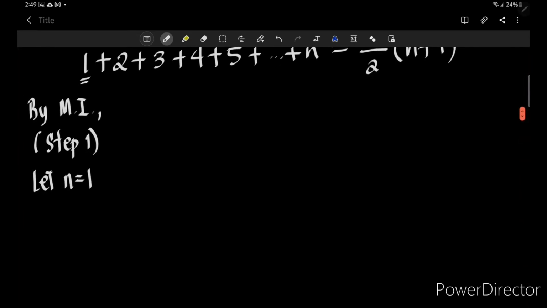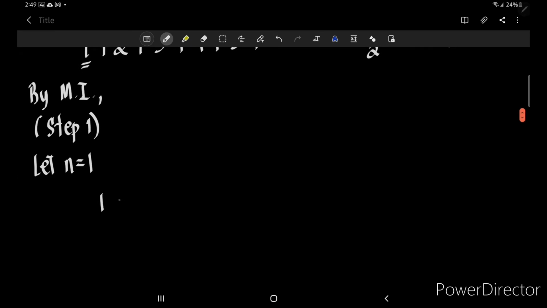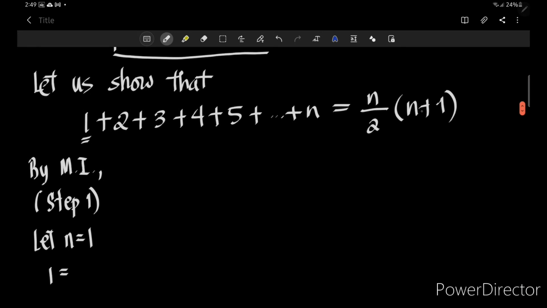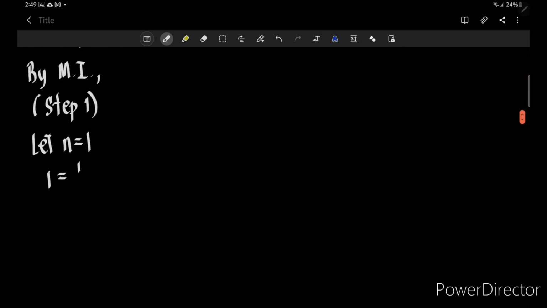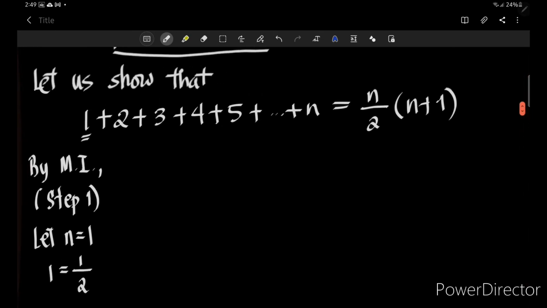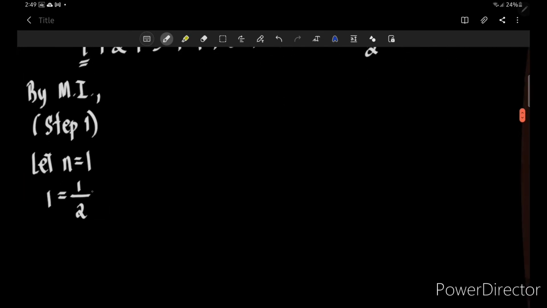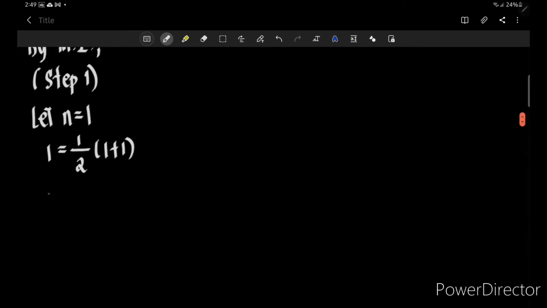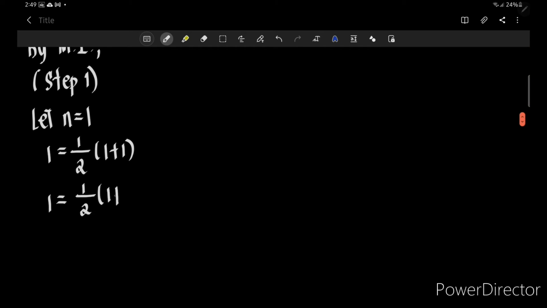So, meron tayong 1 equal. Okay. Usog lang natin ng konti. 1 equal. Then, lahat ng n, papalitan lang natin ng 1 dun sa right side. So, meron tayong 1 over 2 times the quantity of 1 plus 1. Okay. Simplify. 1 equal 1 half times 1 plus 1.